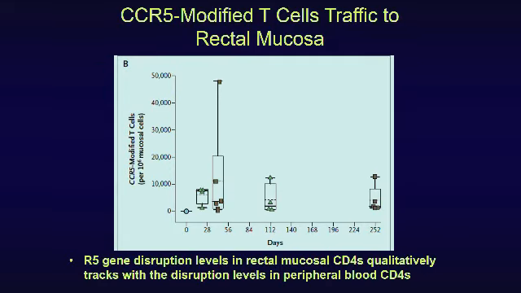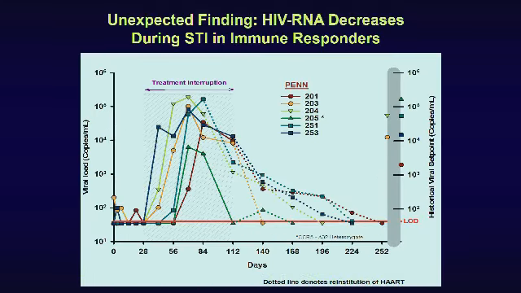And we also showed that those cells traffic to the rectal mucosa. Because of sampling and low cell numbers, the quantitation on this is not as high fidelity as in peripheral blood, but I can tell you that it roughly correlated with the levels observed in peripheral blood.